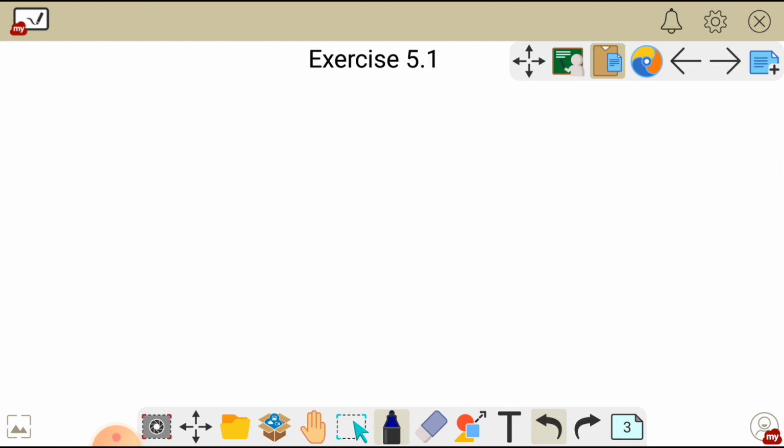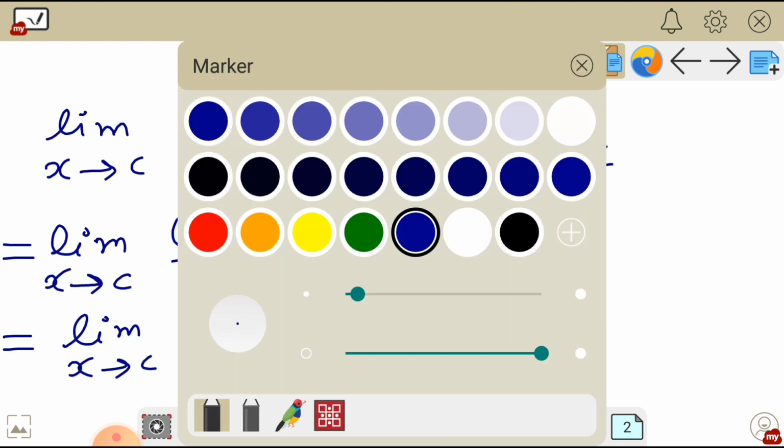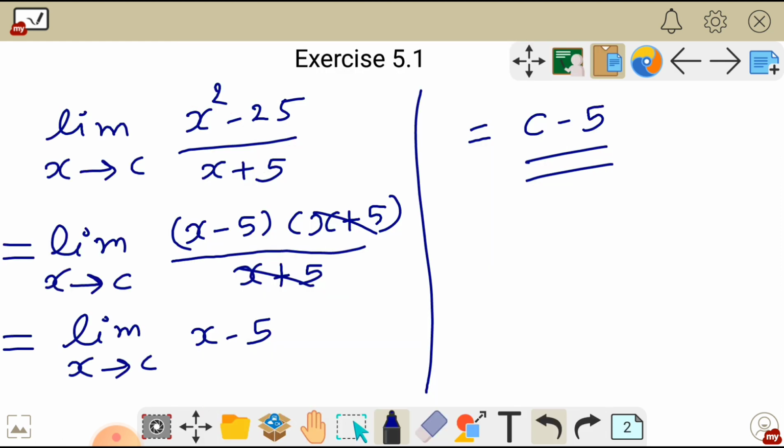So we can write that limit x tends to c of f of x is equal to f of c, and by the way c is not equal to minus 5. Okay.